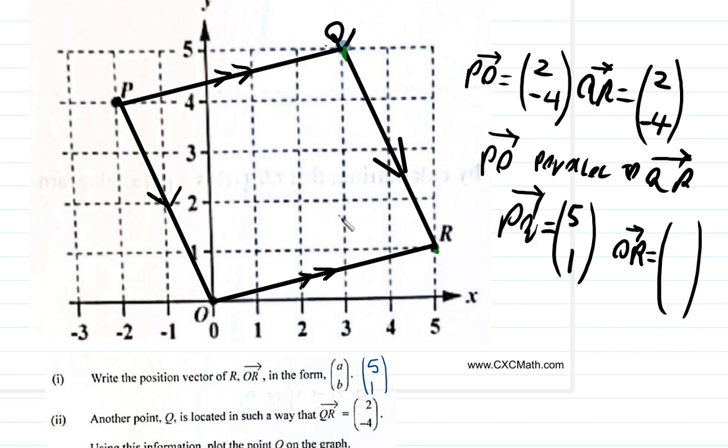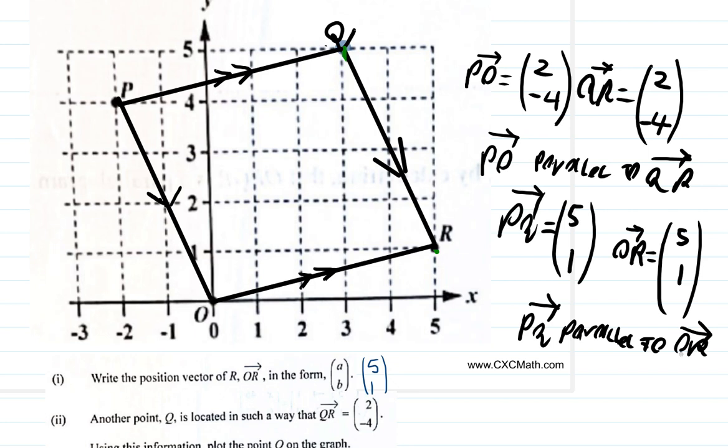Now for OR, you'd have to move to go from O to R. You move 1, 2, 3, 4, 5 horizontally to the right. That's a positive 5, and vertically 1 upwards. So therefore PQ is parallel to OR. That would be sufficient to show that it is a parallelogram.